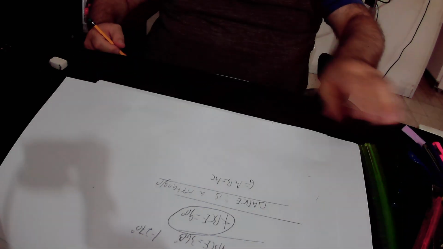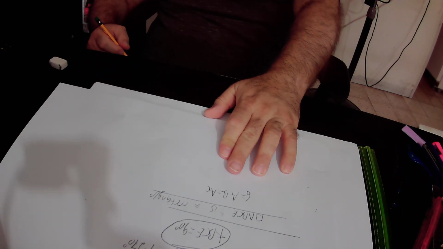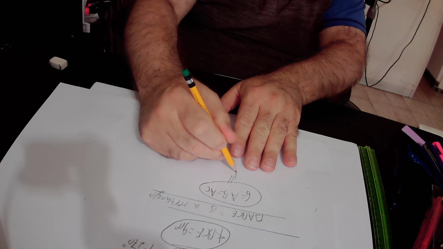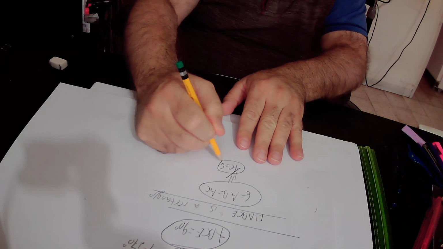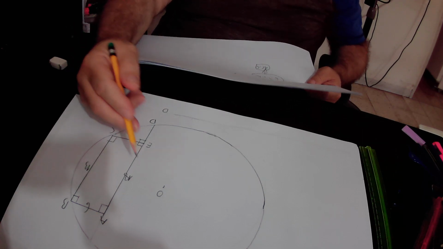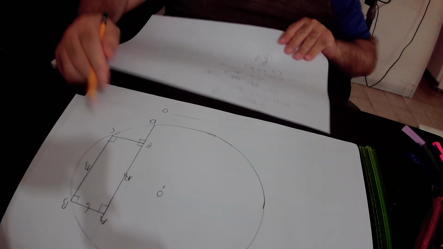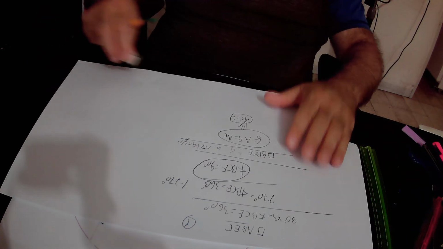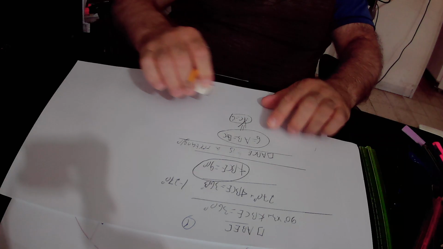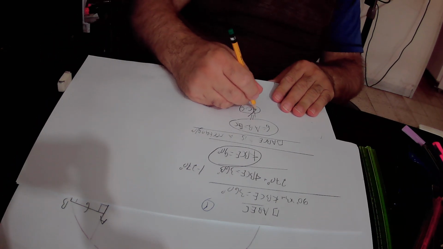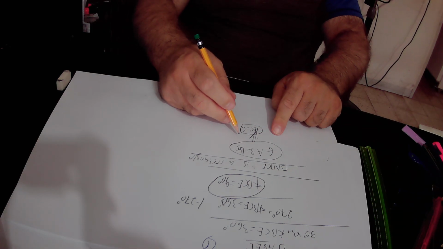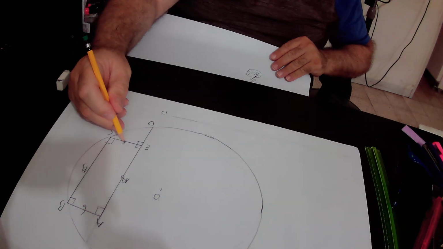According to the rule that the opposite sides of a rectangle are equal to each other, AB equals EC, but we know that AB equals 6 units, so from this equation we derive that EC is also equal to 6 units. EC equals 6 units.